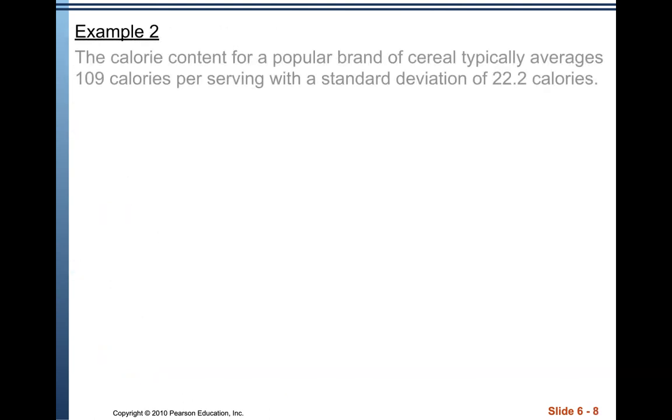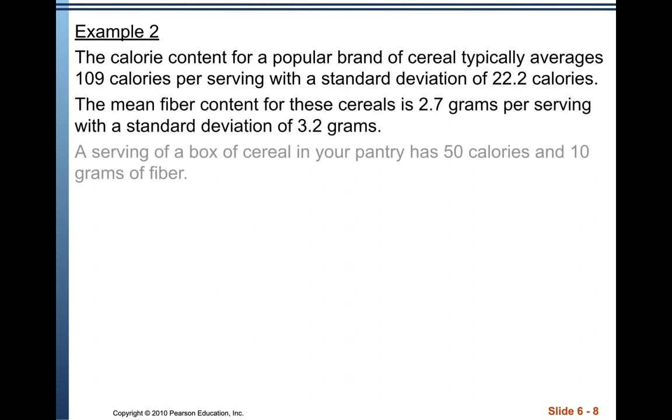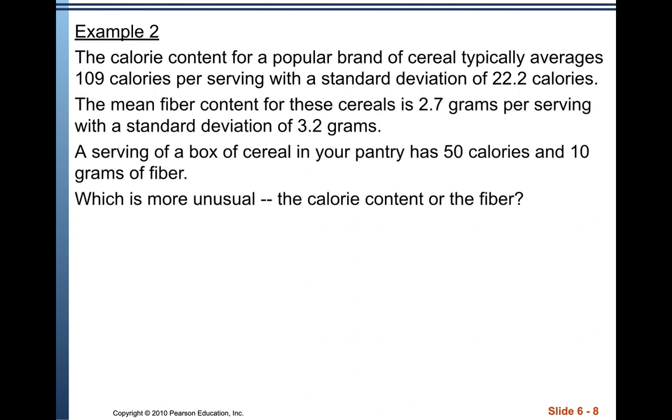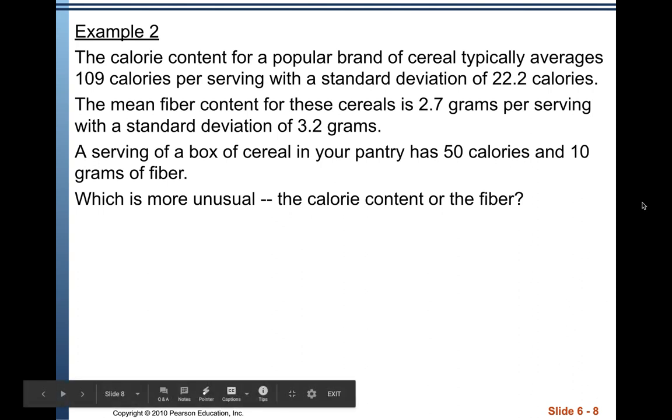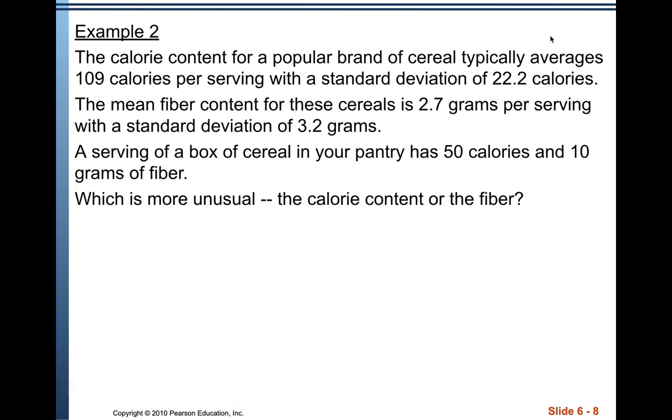Okay, here's a second example. Remember before I talked about how z-scores can be used to compare two different sets of data. This is an example of what I'm talking about. We have two different sets of data. We have data for calories, and notice we have our mean and our standard deviation.